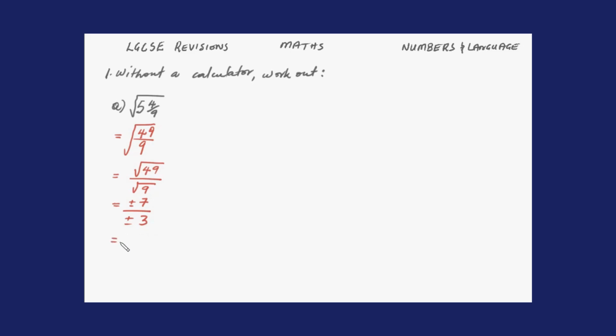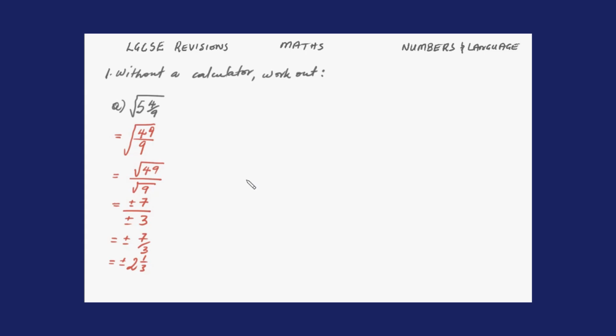So that means our answer is plus or minus 7 over 3, which is plus or minus 2 and 1 over 3. So that is the square root of this number. I hope you are happy, guys.